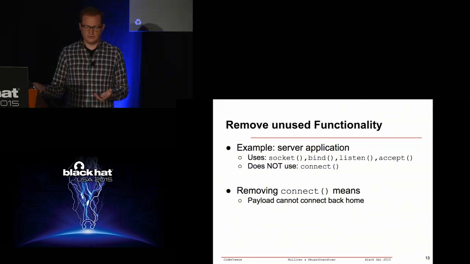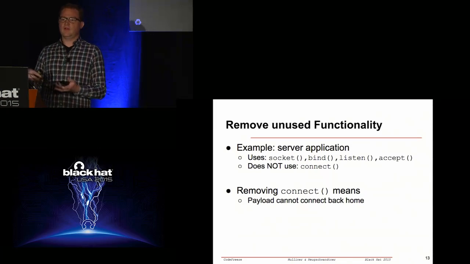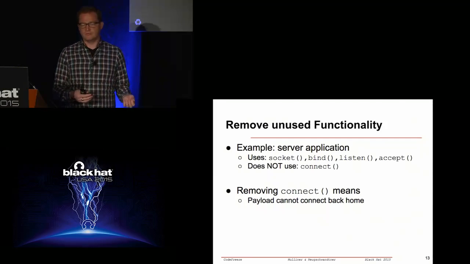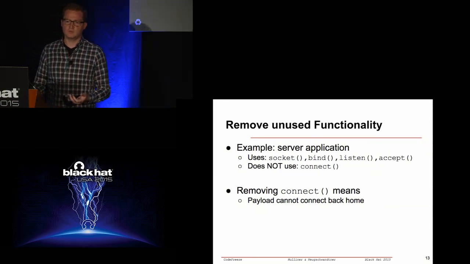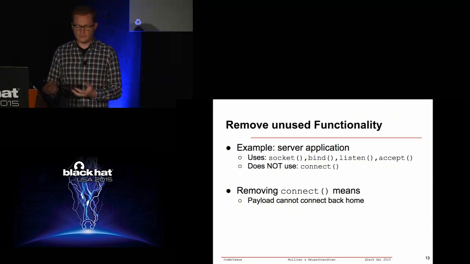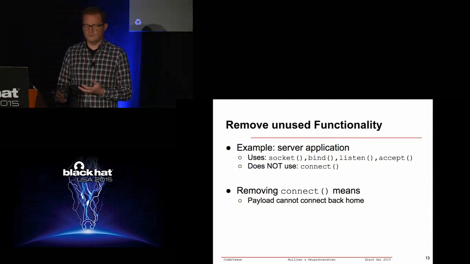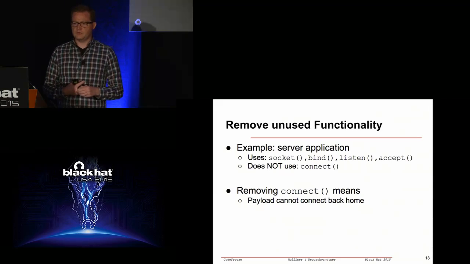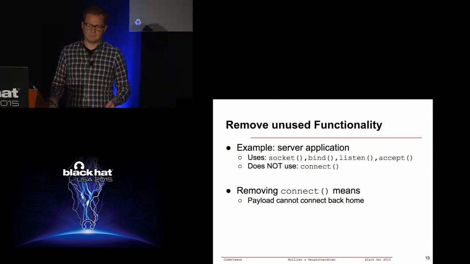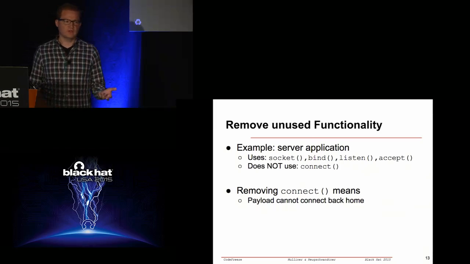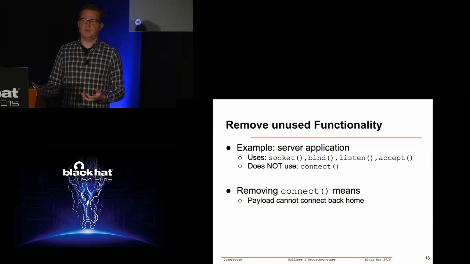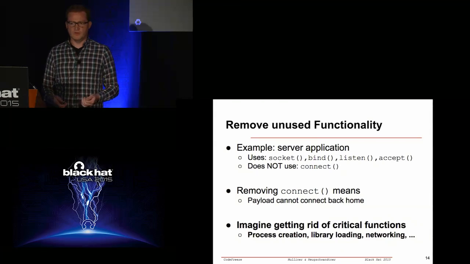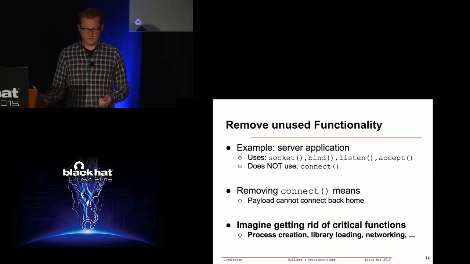So if we remove connect from that process, and you have, for example, an exploit that tries to do a back connect, there is no connect functionality anymore in this process, so this very basic way for the attacker to get a connection backward to his control server cannot be done anymore. And this says, hey, if you can do this in a very universal way, removing unused functionality, we should have a really cool security improvement in general.